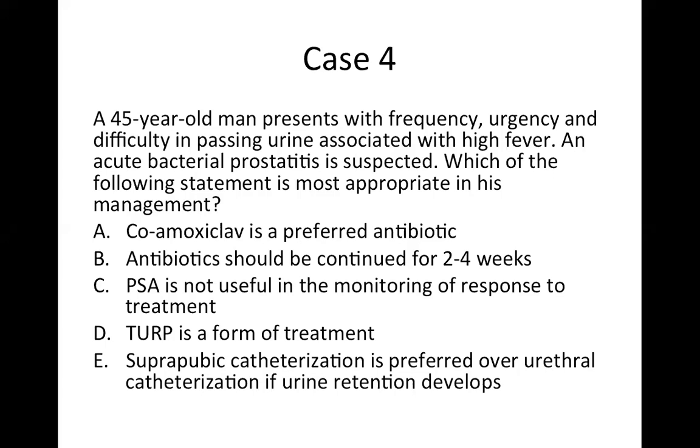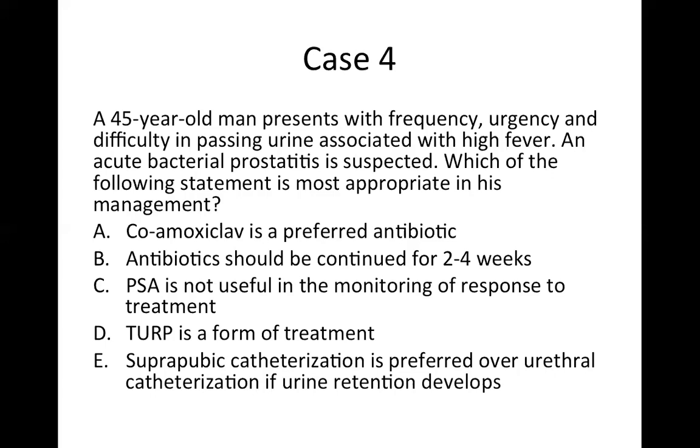Sometimes certain antibiotics don't penetrate into the prostate. The good thing is that in the acute phase, when the prostate is very inflamed, most antibiotics do penetrate the prostatic tissue. However, once the inflammation subsides, certain antibiotics do not penetrate.